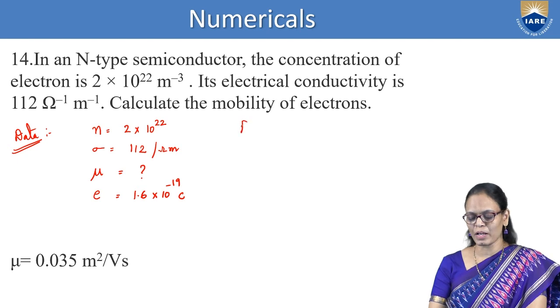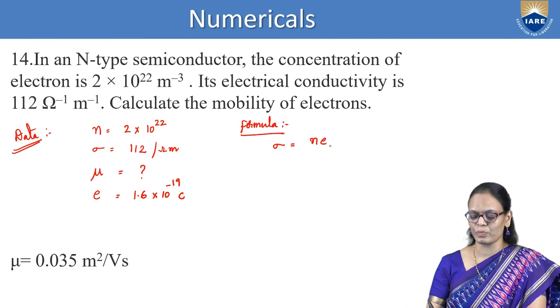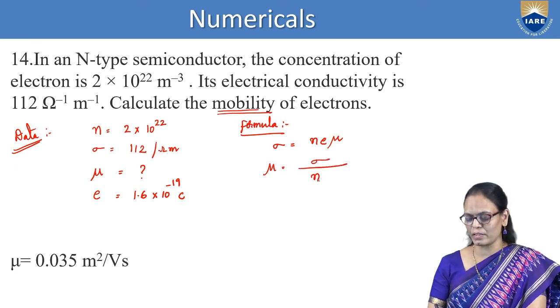So, what is the formula we are going to use? Sigma is equal to Ne mu. The general formula we use is Ne into mu. So, the mobility mu will be equal to sigma upon Ne.